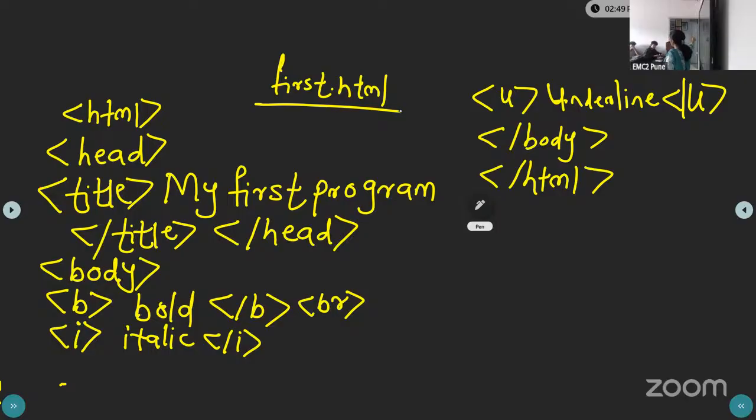The title is for giving the title bar its text. And then the three physical style tags: bold, italic, and underline. That's it. And you can try it on your laptop. You need only Notepad. Write the program in Notepad, and save it with the .html extension. Okay?